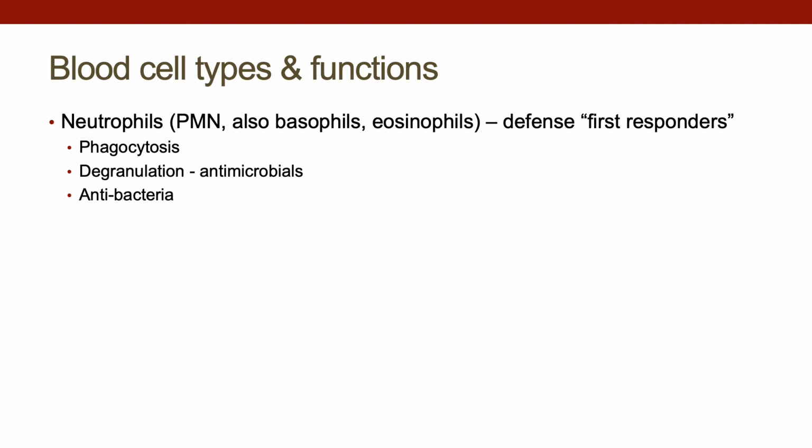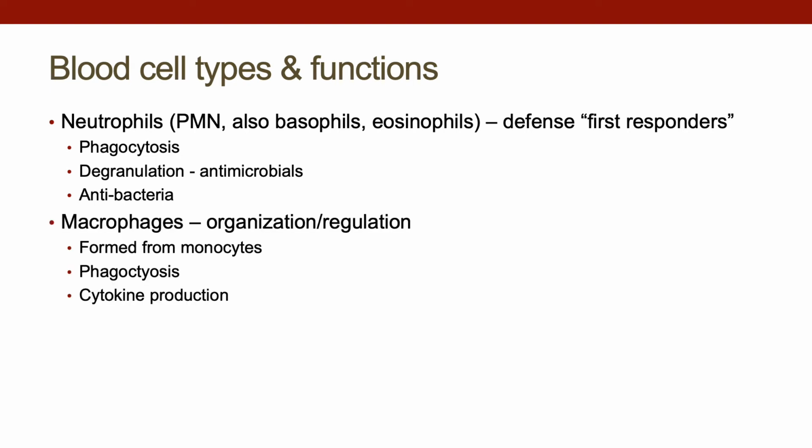They do a lot of phagocytosis of foreign organisms, or they have granules that have antimicrobials, or they can generate reactive oxygen species. So they've got a number of ways of fighting, especially bacteria.